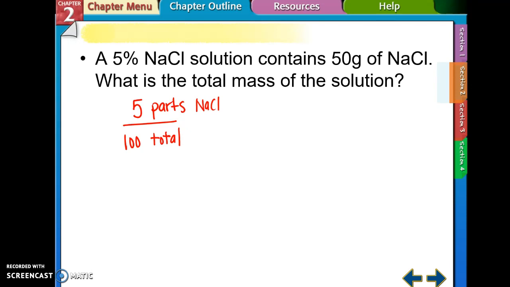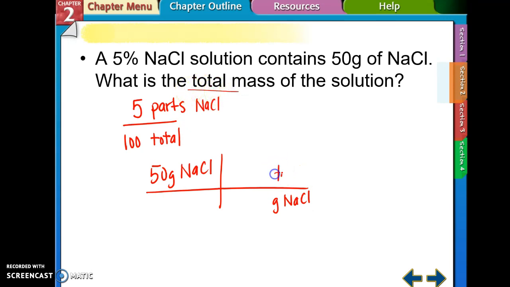So what I can do is set this equal to each other. I can also say, okay, I have 50 grams of NaCl, and I'm going to use this as a conversion. Well, I want to be able to cancel out NaCl. So I'm going to put grams of NaCl right here, and I want to figure out what is the total mass.